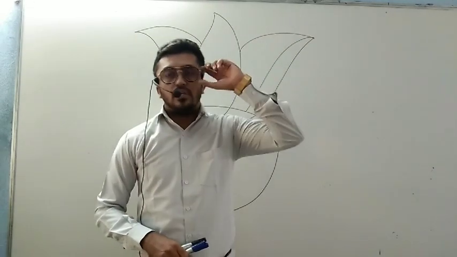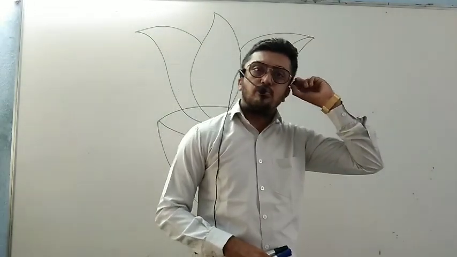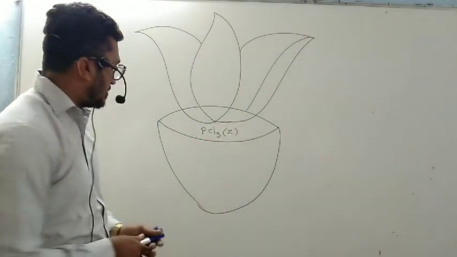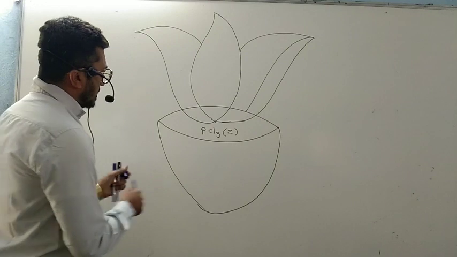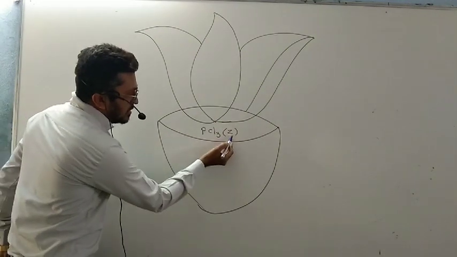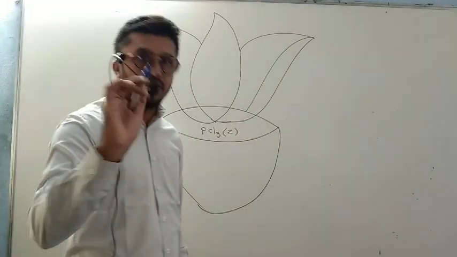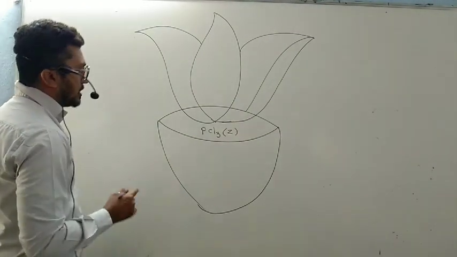Okay, so now in this question, first of all, we will start the preparation of phosphorus trichloride. Just see, I will give a symbol for PCl3: Z. So Z is phosphorus trichloride.